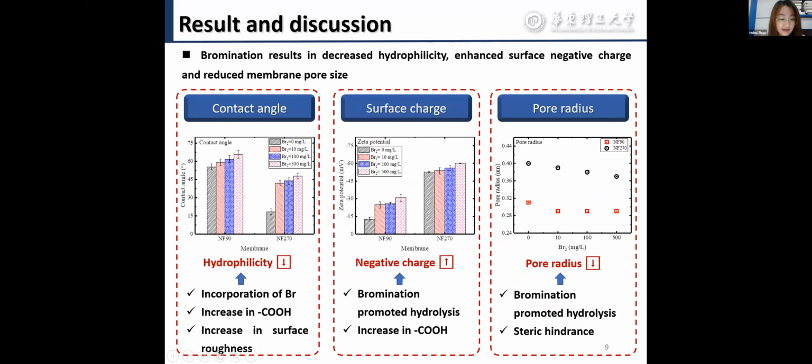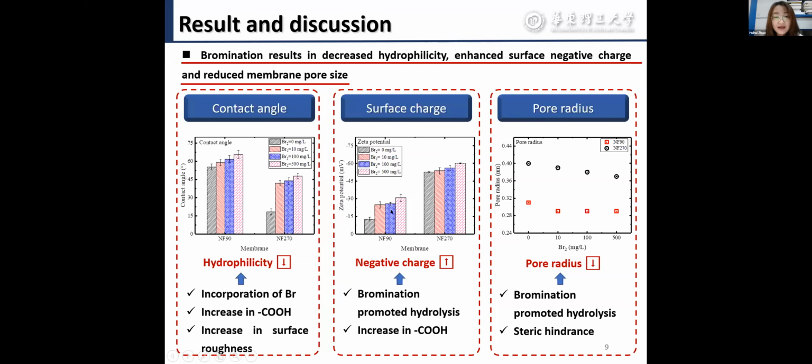As for the contact angles, the contact angle for NF90 increased significantly after the membrane was exposed to bromine solutions, which implies a reduced hydrophilicity of the membrane surface. The increased hydrophobicity of the PA membrane surface was a result of the competing effect between the incorporation of bromine, the increased number of carboxylic groups, and the increasing surface roughness.